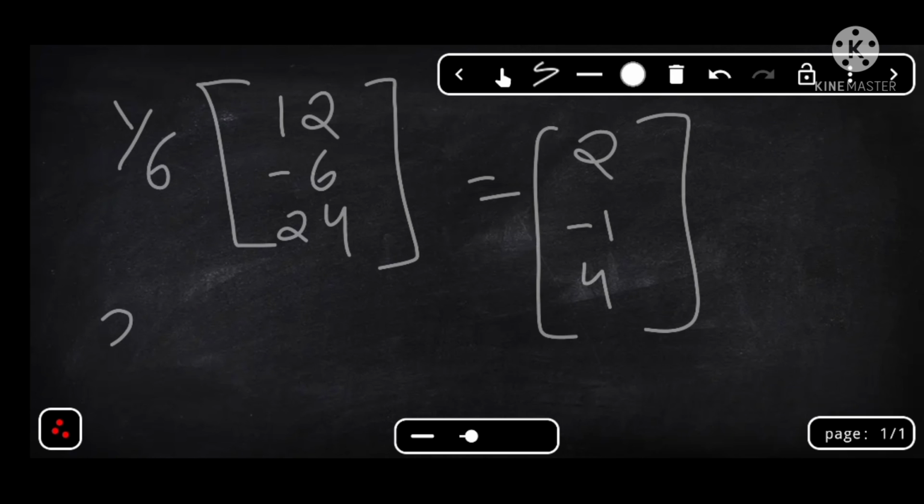So our x value is 2, y value is minus 1, z value is 4. Clear? This is how we can solve for x, y, z of the given question. So we have solved the system of equations given in the question.